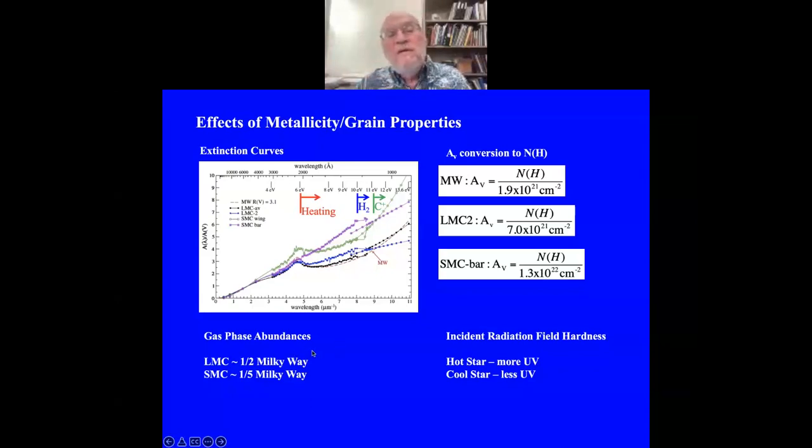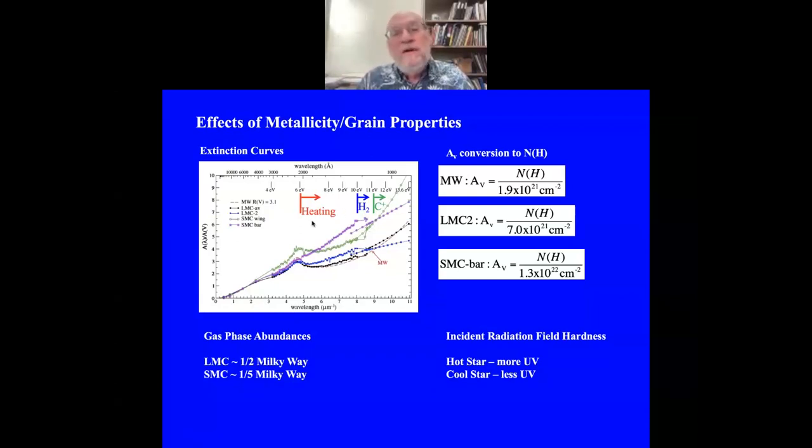There's also the gas phase abundances, how much carbon and oxygen there is in the gas phase. And I should also mention the radiation field hardness. A hot star produces more UV and more dissociation, more heating. A cool star produces less UV, less dissociation, less heating.